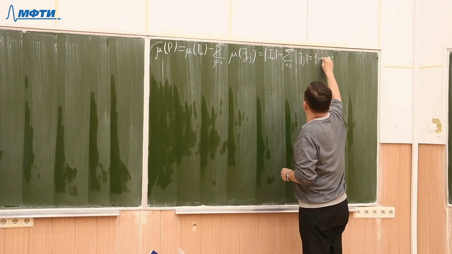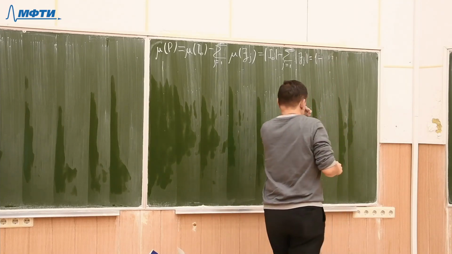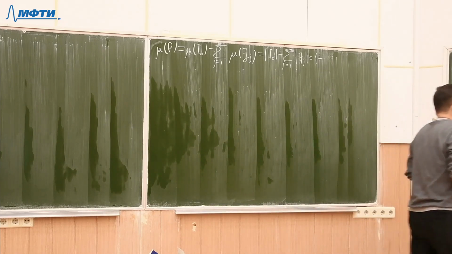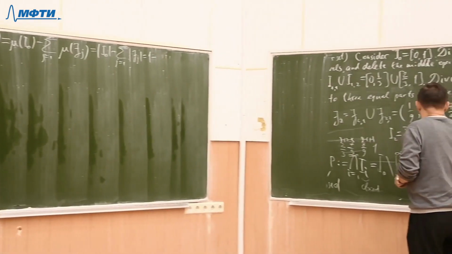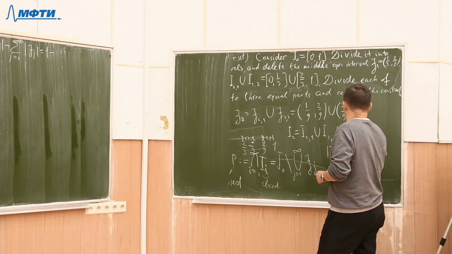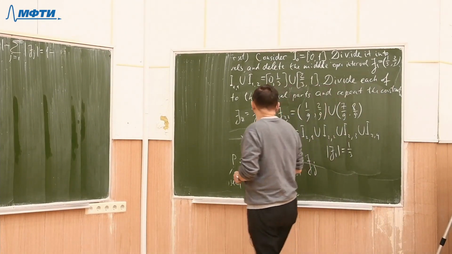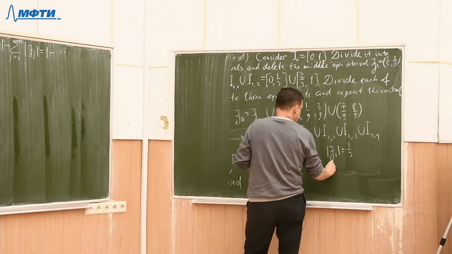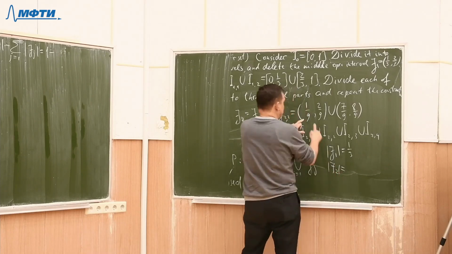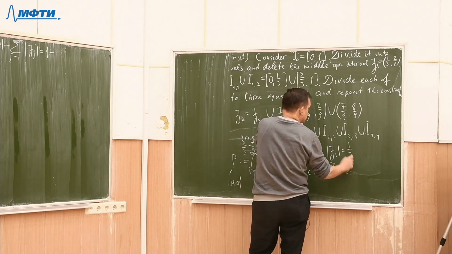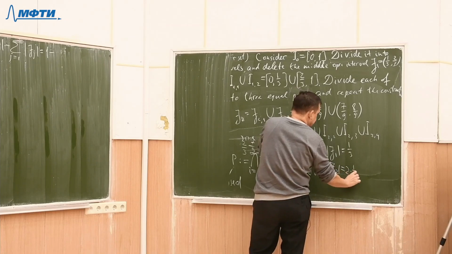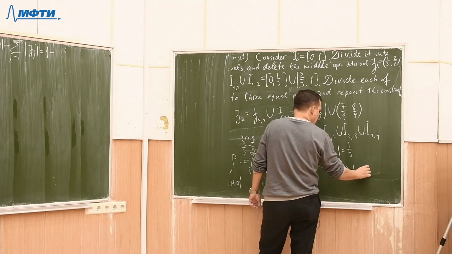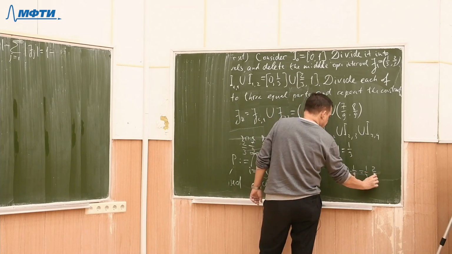And that is 1 minus, okay, what do we have here? The measure or volume of J1 is 1/3. We deleted firstly the middle 1/3. The measure of J2 is 2 times 1/9. That is 1/3 times 2/3.